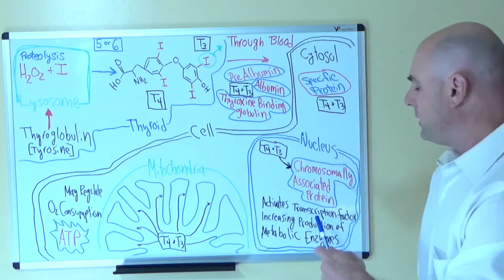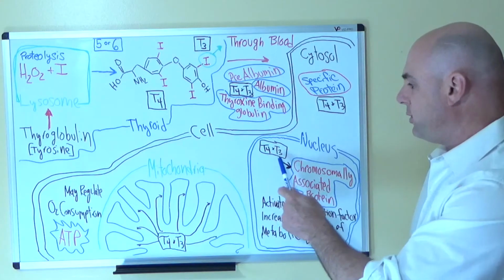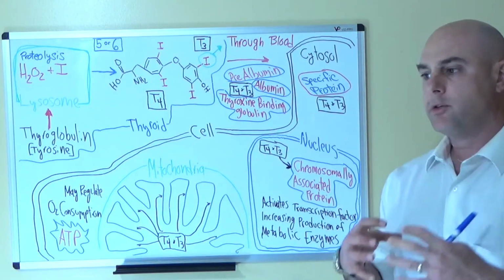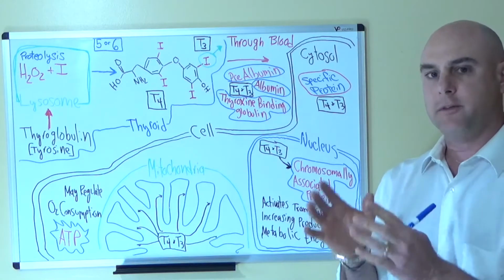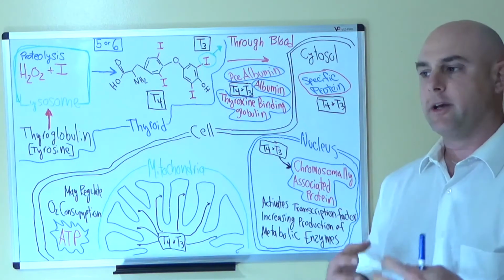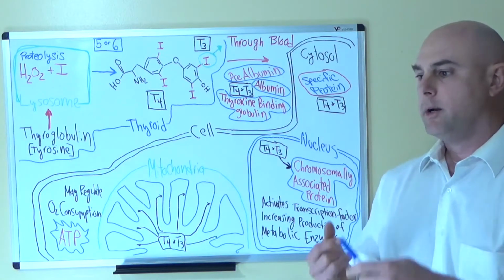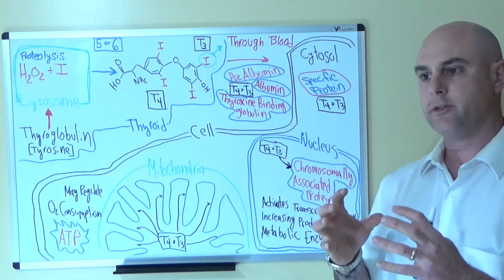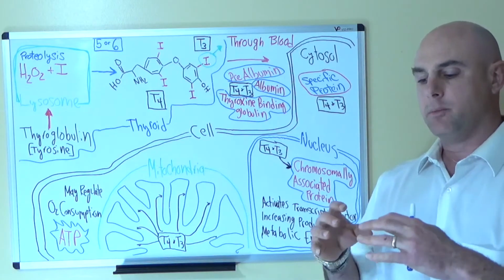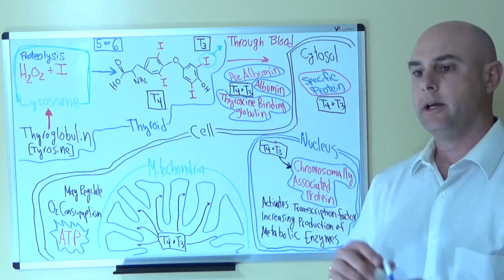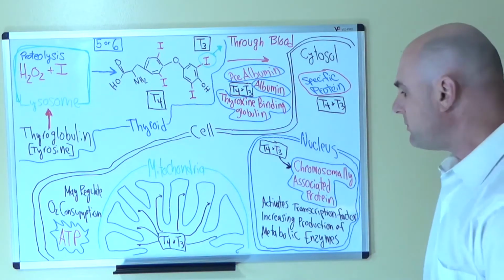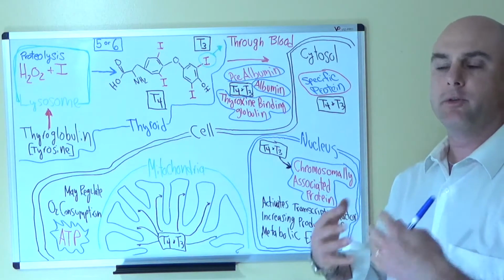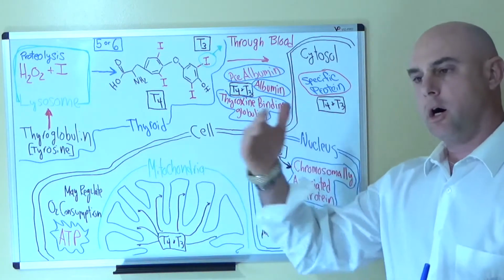So in the nucleus, one of the receptors for T4 and T3 happens with a chromosomally associated protein. Now chromosomes are made up of individual genes, and chromosomes have a lot of proteins associated with them, primarily for regulation, and then you have several histones, which are large proteins that help the chromosome fold so it can fit in the nucleus. So these chromosomally associated proteins are basically regulatory proteins that help turn the gene on and off.